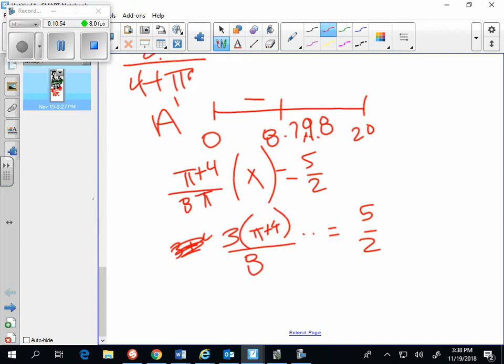This is about 7. 7 times 3 is 21. 21 divided by 8. 3 times pi plus 4 divided by 8. And that equals 2.67. And since 2.67 is bigger than 2.5, I know I have a positive here.